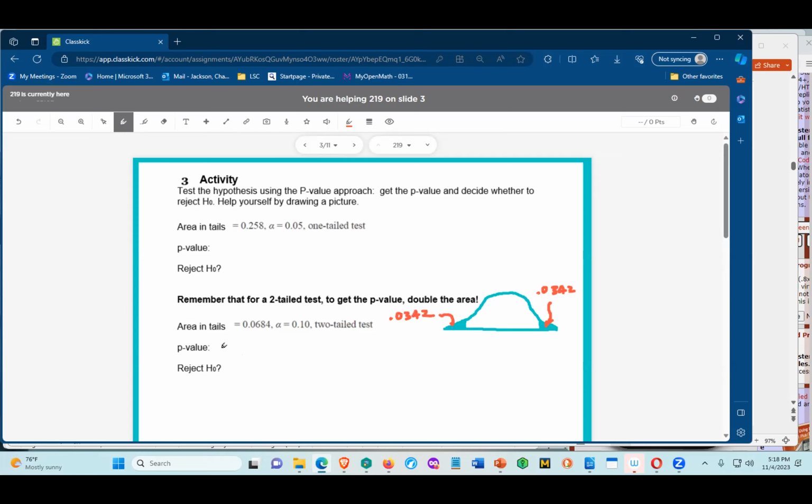P-value is, oh, my bad. It's the 0.0684. Oh no, that's the area in the tails. Oh, double the area. Okay, right. It's the area in both tails, and that is the p-value, 0.0684.